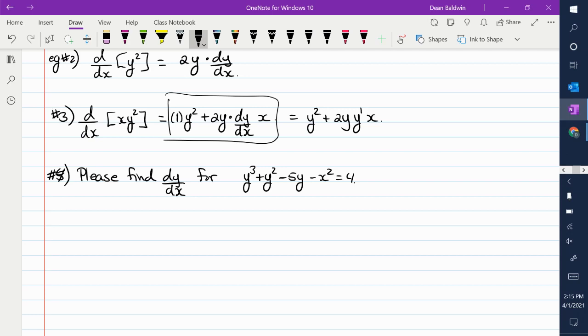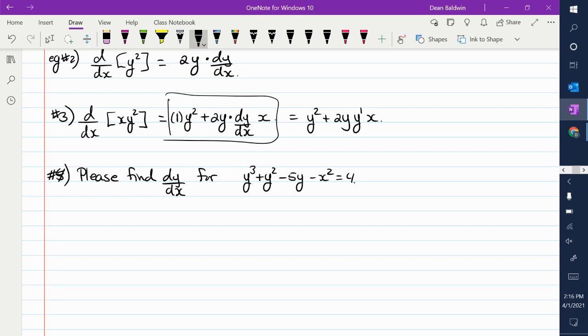I want to know what the derivative of this is with respect to x. So can I use my regular rules? You have to use implicit, right? Because there's multiple y's with different exponents.